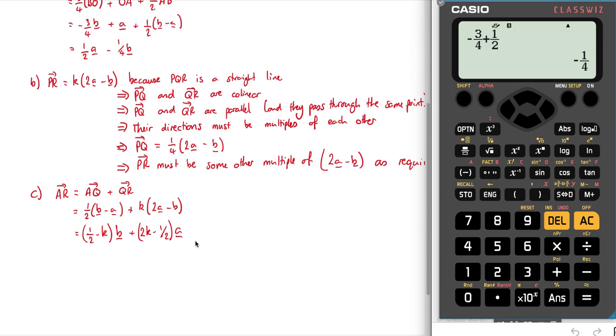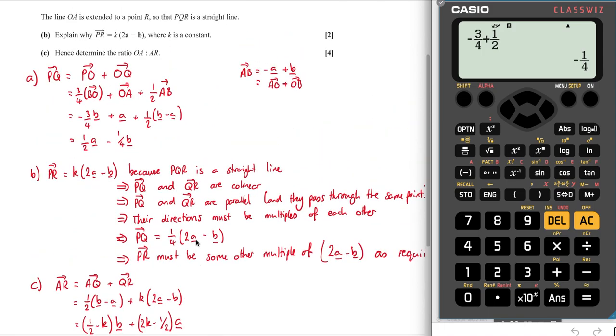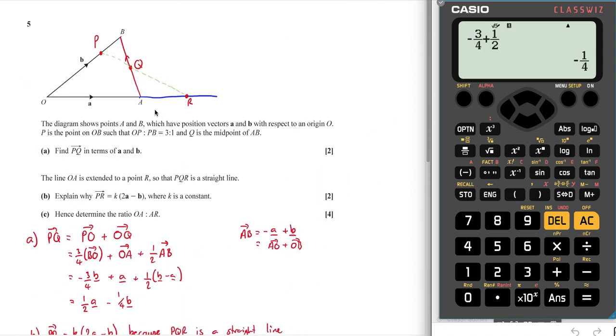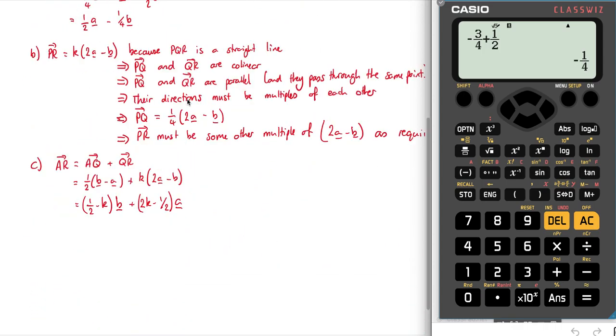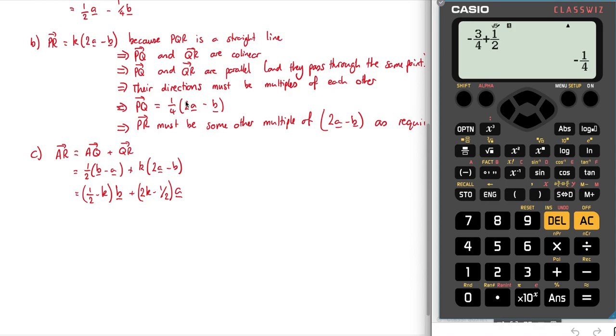Now, the bit that I hadn't thought about initially, but now I spotted, A and R are in a straight line, both heading in the direction of A. Because it's horizontal and horizontal only, there are no components of B. So the B component in AR is 0.